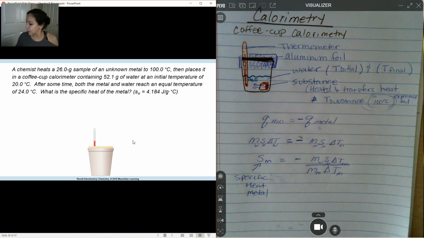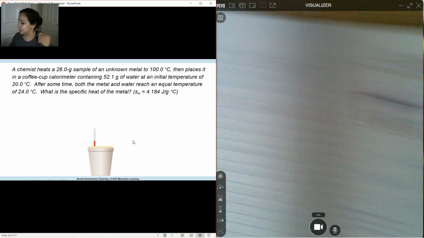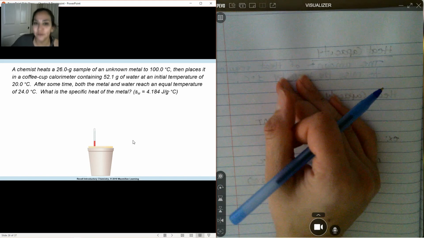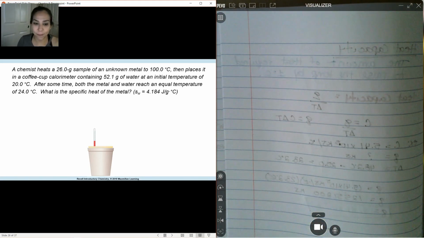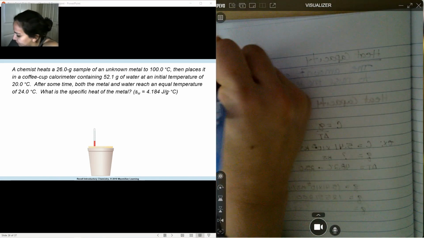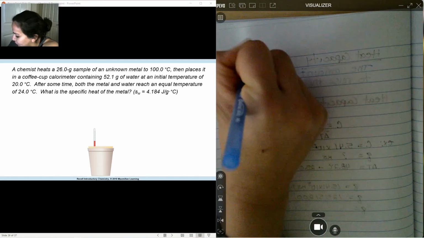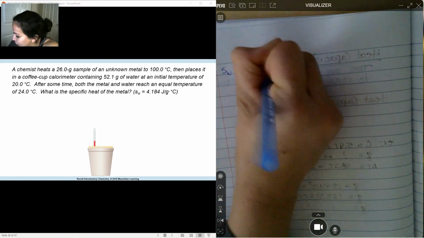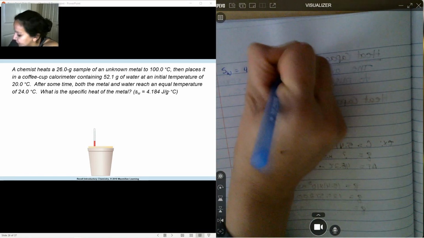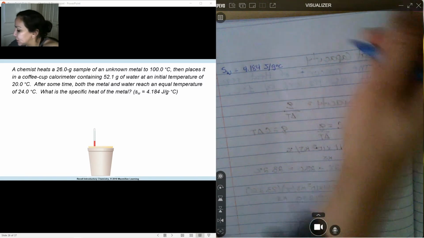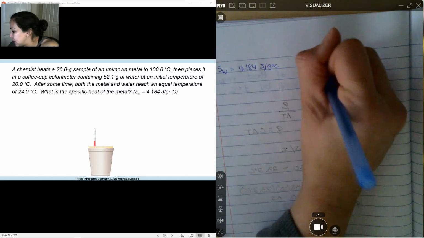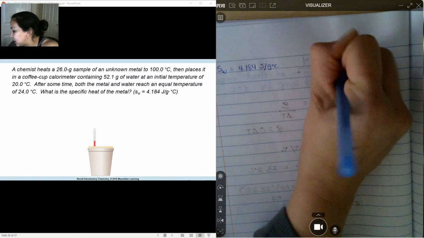So I want some extra space, so I'm just going to work on this side of my paper. Okay. And let's figure out what we got. Okay. So the specific heat of water is equal to 4.184 joules per gram degrees Celsius. What else does it give us? It has 26 grams of an unknown substance. Specific heat of the metal is unknown.